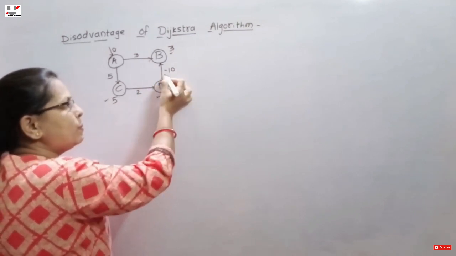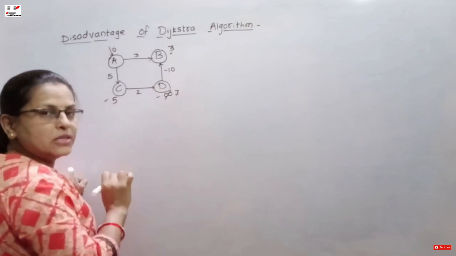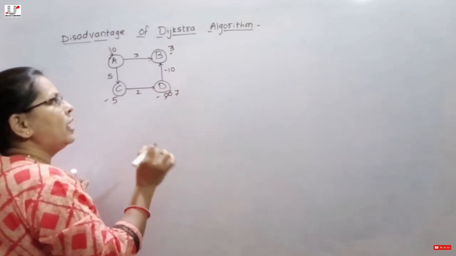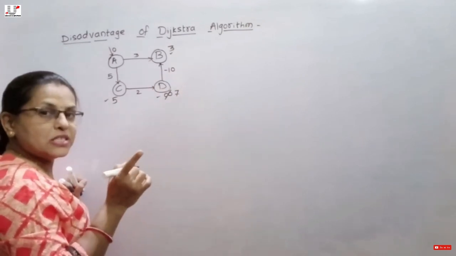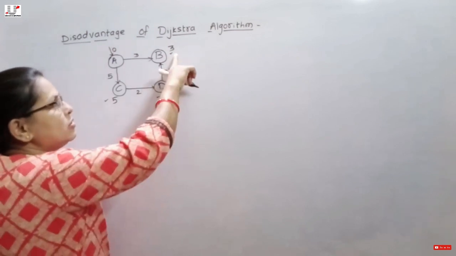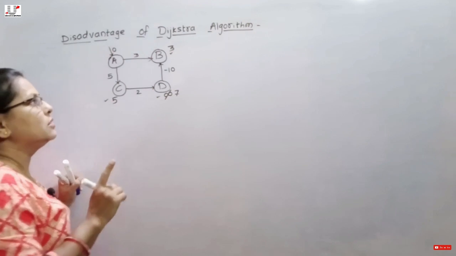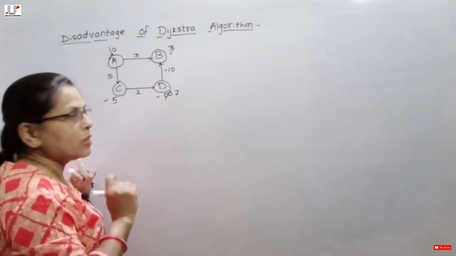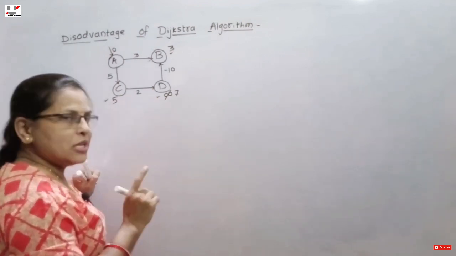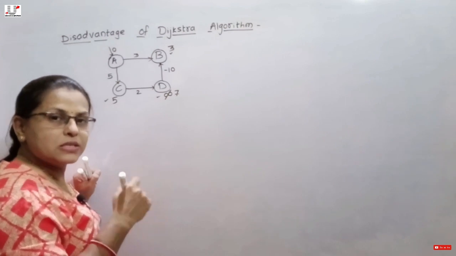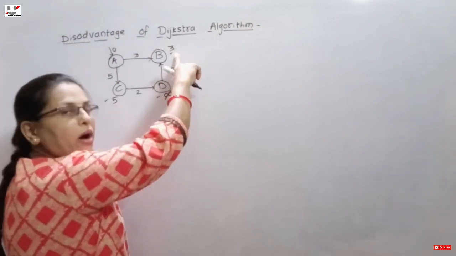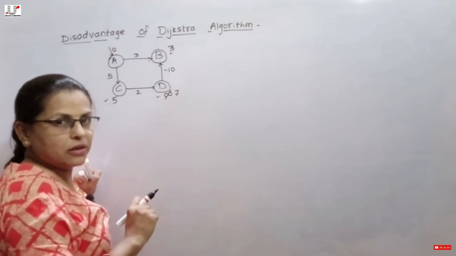Then 7 minus 10 gives a distance of -3, and -3 is a better answer than 3 because -3 is smaller than 3. But as we know, Dijkstra doesn't visit a node again if it is marked as visited.